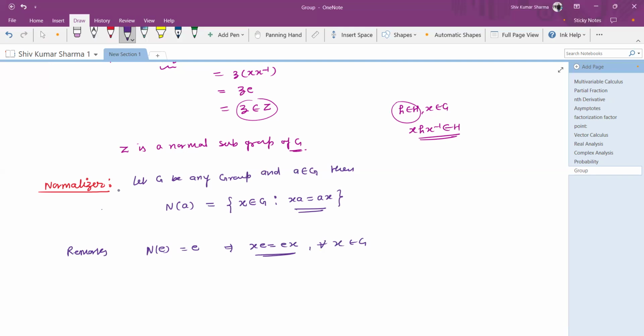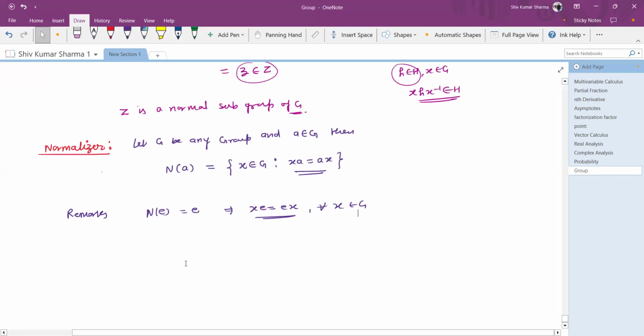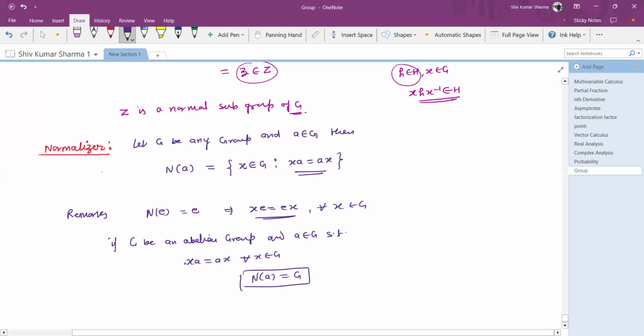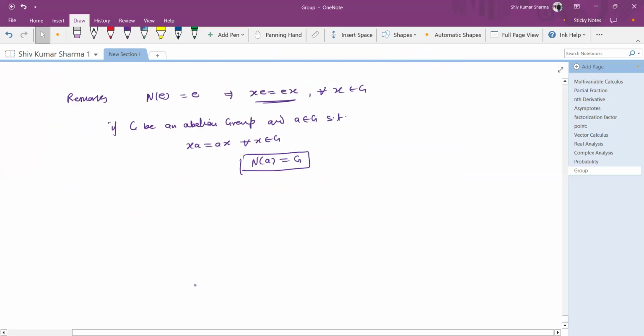Now we can say that if G be an abelian group and A belongs to G such that XA equal to AX for every X belongs to G, then the normalizer of A is equal to G. Normalizer of A equal to G. Now, on the basis of this, we prove the theorem.